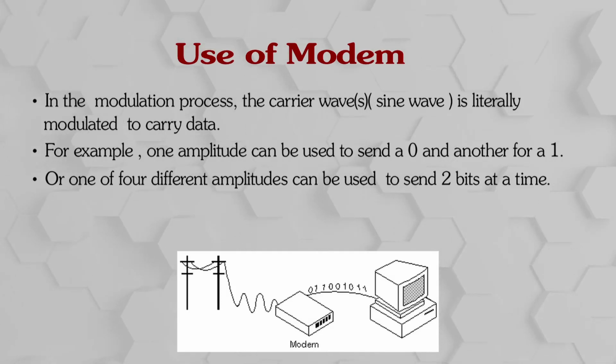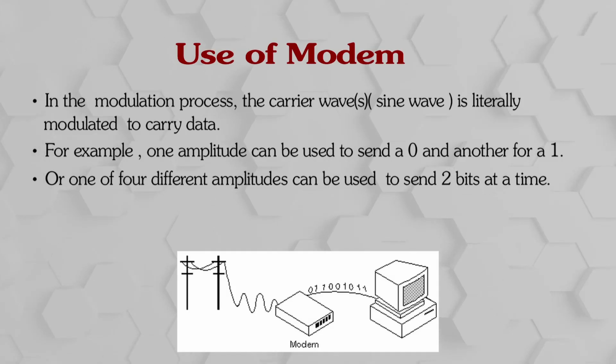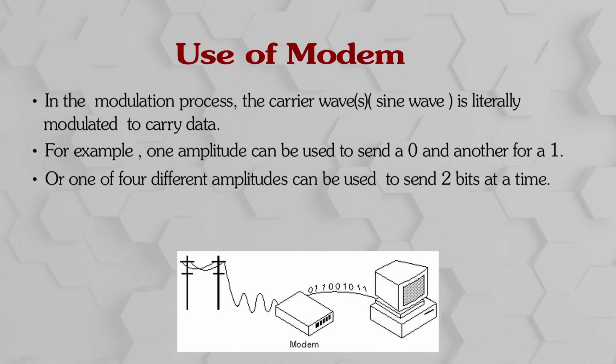Then 00 could be one, 01 could be another, 10 could be another, 11 could be another. So there are different kinds of amplitude if I want to send 2 bits at a time. Let me just read once again: one of the 4 different amplitudes can be used to send 2 bits at a time.